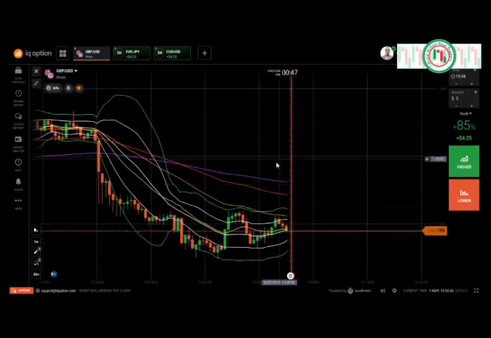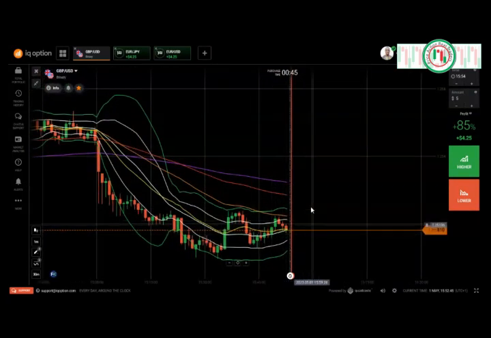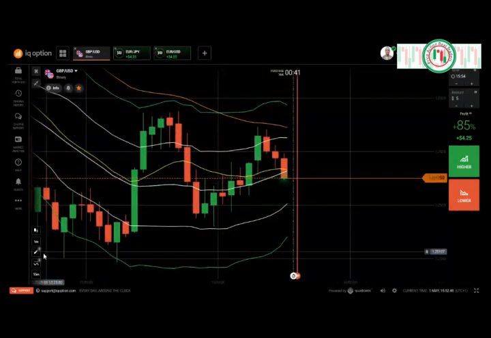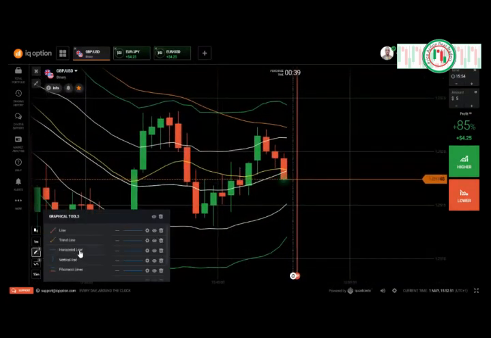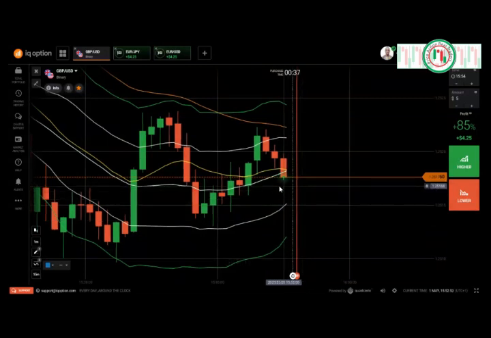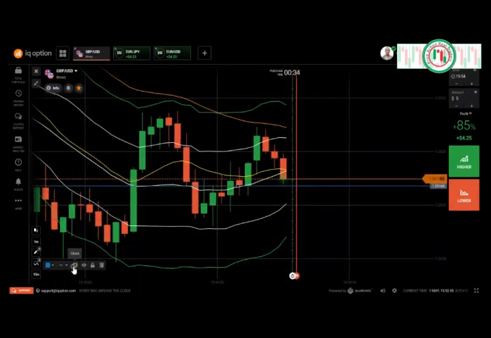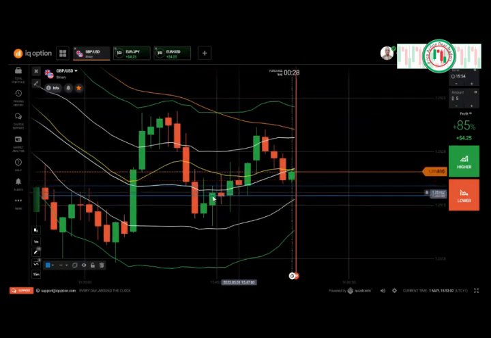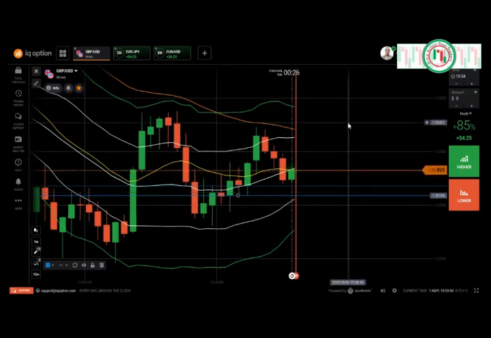Here the major trend is down. So in this situation, you see the major trend is down. So here is our zone. But we have to wait for the market to break the zone if we want to get a good opportunity. So don't place your trade immediately after touching. You have to wait.